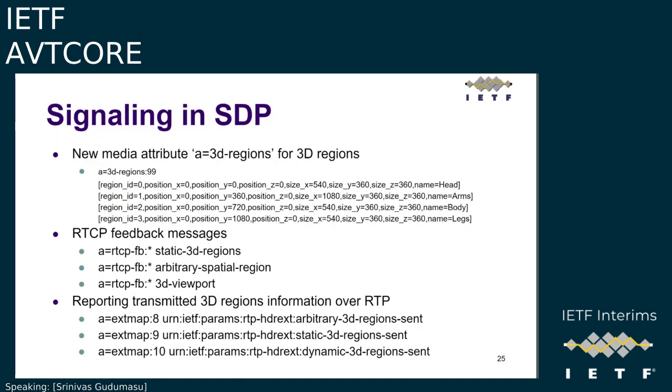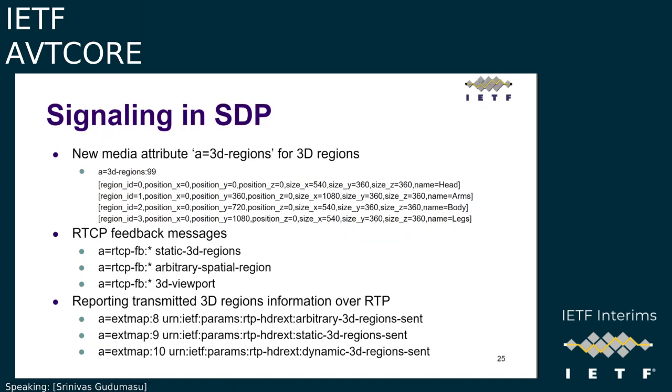For signaling the above-mentioned information in the SDP, we defined a new media attribute called a=3d_regions. It informs the number of 3D regions present in the content, their positions, and the size of the 3D cuboid and other details.